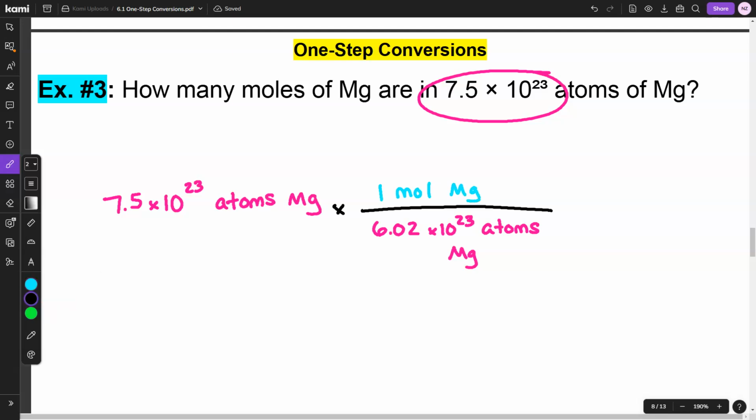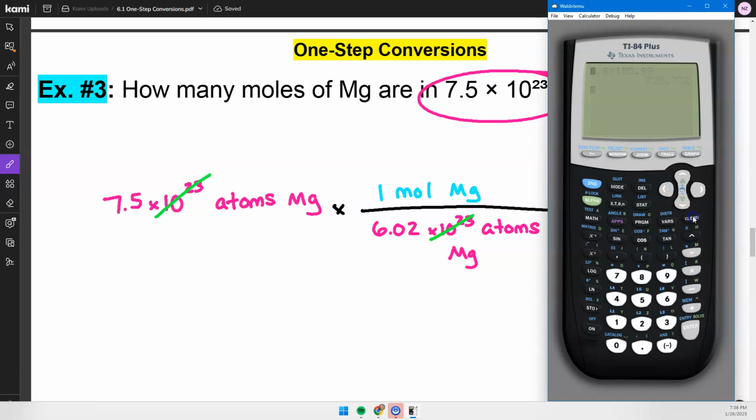Okay, now this looks absolutely terrible to put into our calculator, but it's actually quite easy. As long as the power is the same, so in this case it's times 10 to the 23rd, I can cross that off. So now it's just going to be 7.5 divided by 6.02, and I get 1.24.